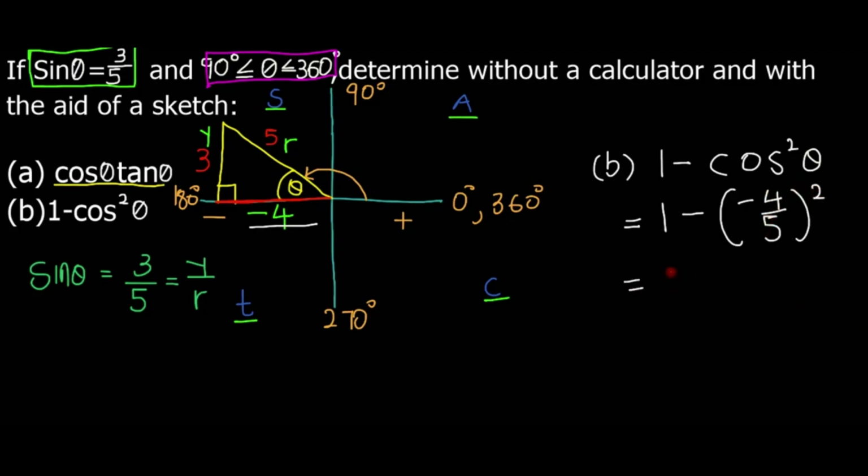So from here we have 1 minus, and then -4 squared gives 16, and 5 squared gives 25. So we can simplify your answer. 1 minus 16 over 25 gives 9 over 25, and this is your final answer.